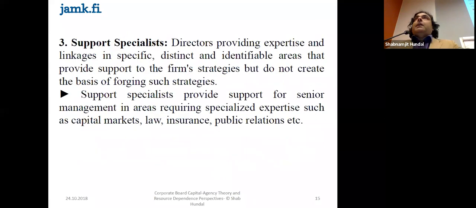But the support specialists are master of one. They have one specialization and they are gurus in that. So by recruiting these people, you get width of knowledge and depth of knowledge at the same time. This is the virtue of resource dependence theory.